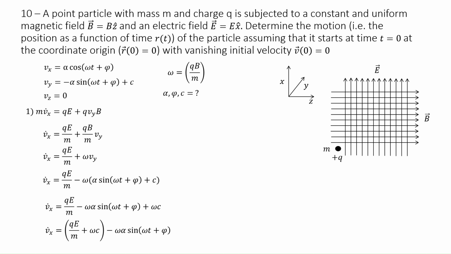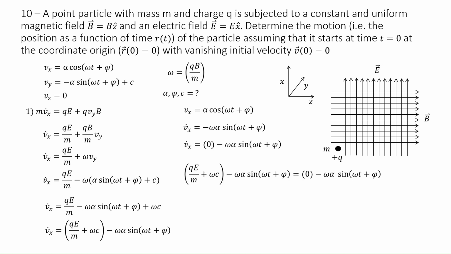Now, another way that we can get to v dot x is by simply taking vx equals alpha cos(omega t plus phi) and taking the time derivative of it. We can write this as v dot x equals 0 minus omega alpha sin(omega t plus phi). It makes it very clear that our bunch of constants at the front for our v dot x earlier is just 0.